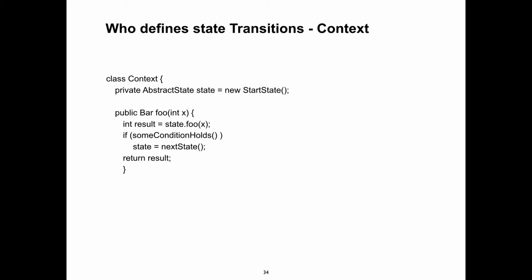Or does the context say, okay, try logging in and tell me true or false, did it really log in successfully? Oh, then I will now change my state from not logged in to logged in. In the dictionary example, you probably want the context, the outer dictionary, to keep track of the size, and when the size crosses those boundaries, it will then change its state.